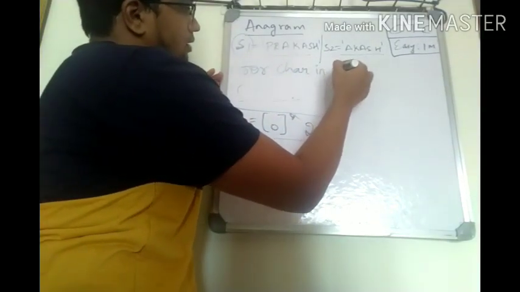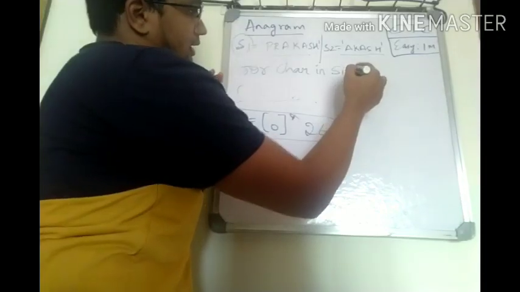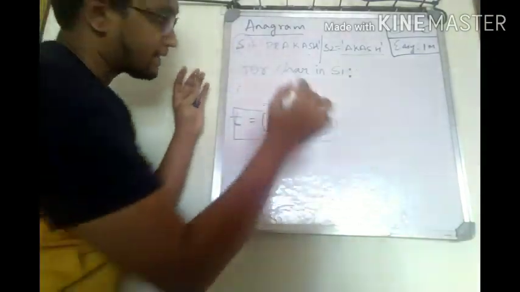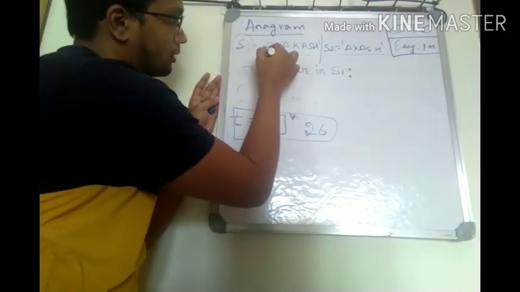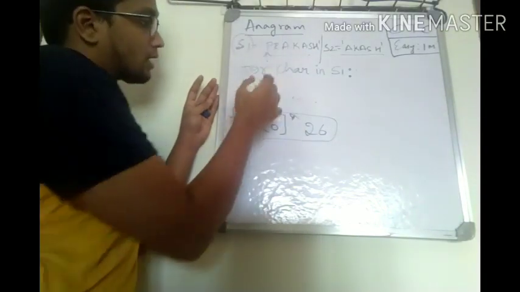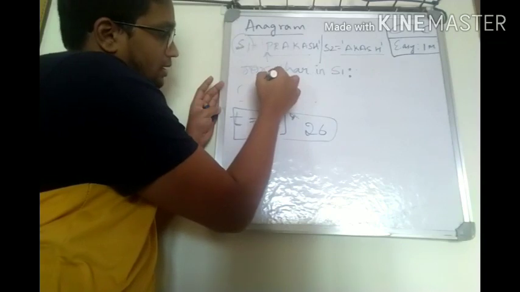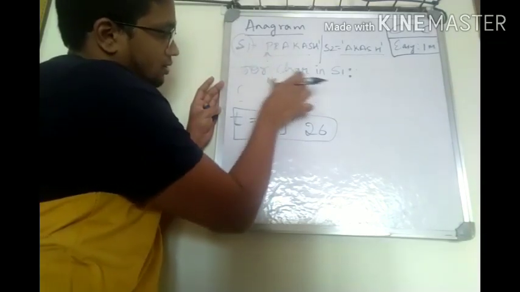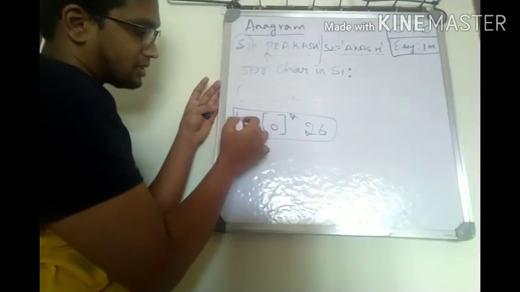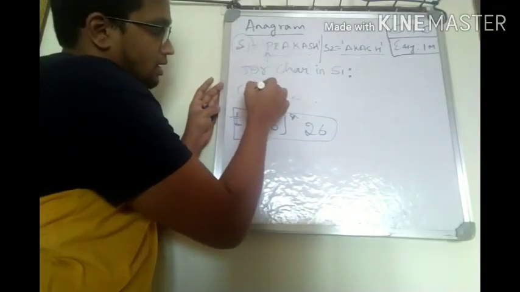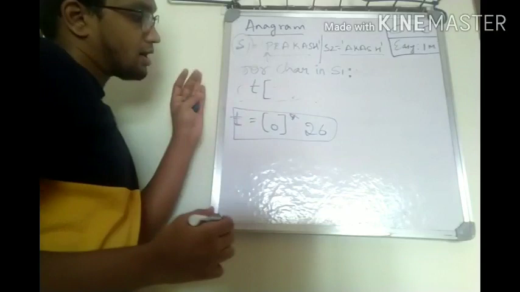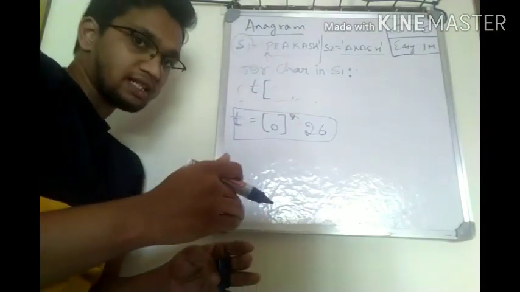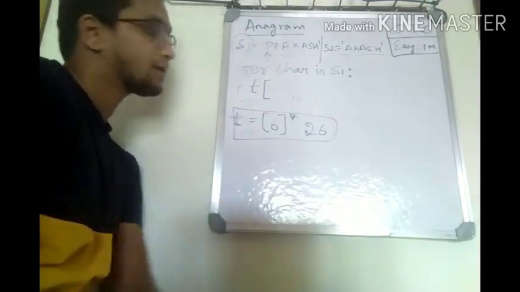For character in S1. Initially the character will be pointing to P. I have named this array as T. I want to increment the value of that position in the T array by 1.